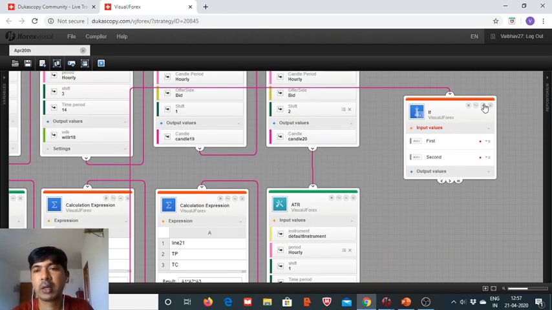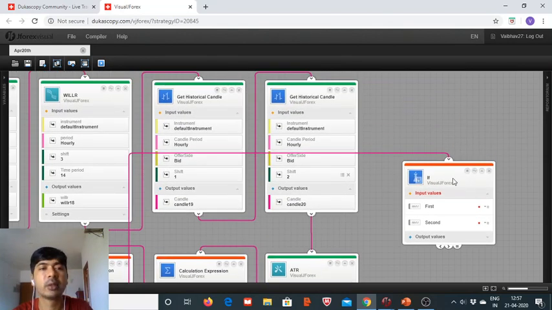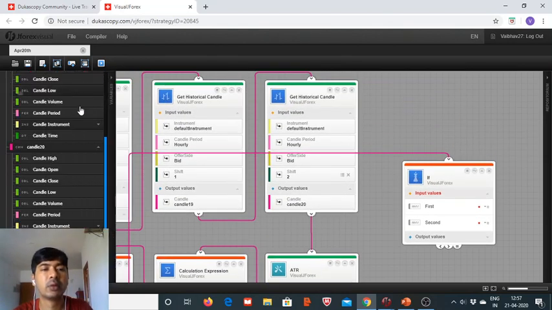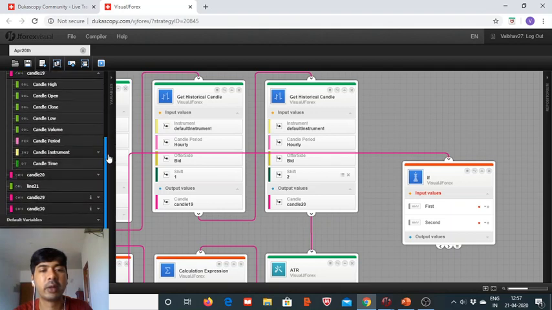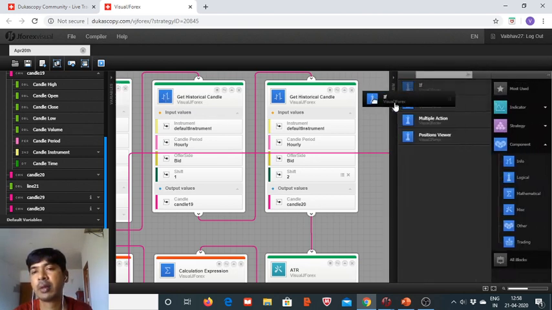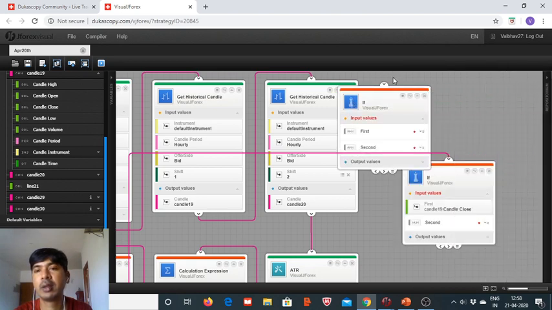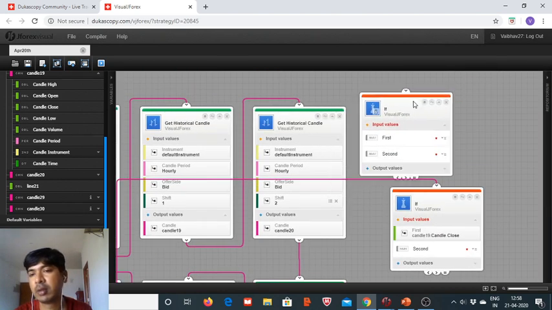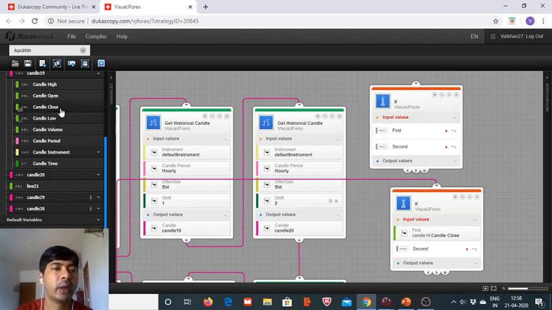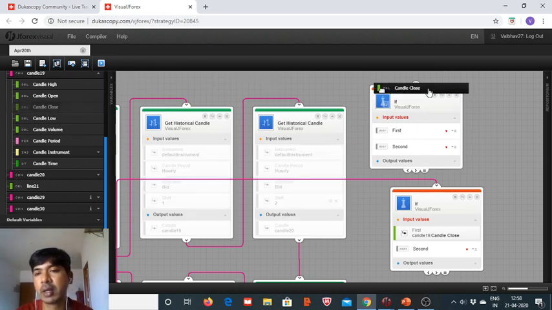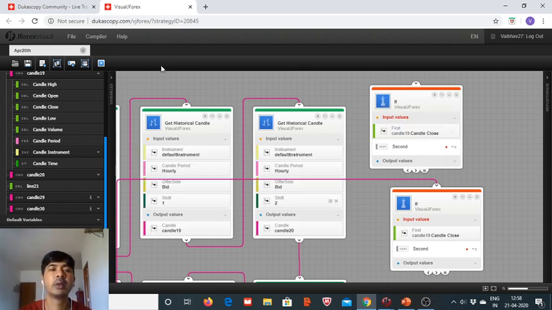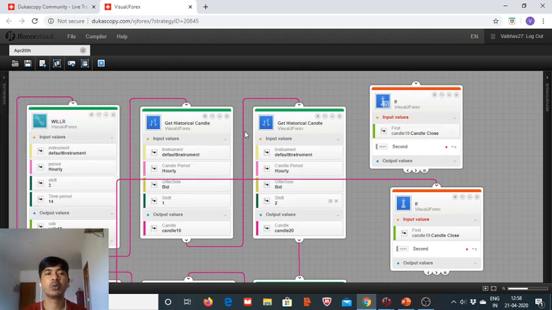So we now look at the candle 19 closing levels, and candle 19 closing levels are, we got it. We now need to go to the 1 minute candles, and again here we look at the candle closing levels.